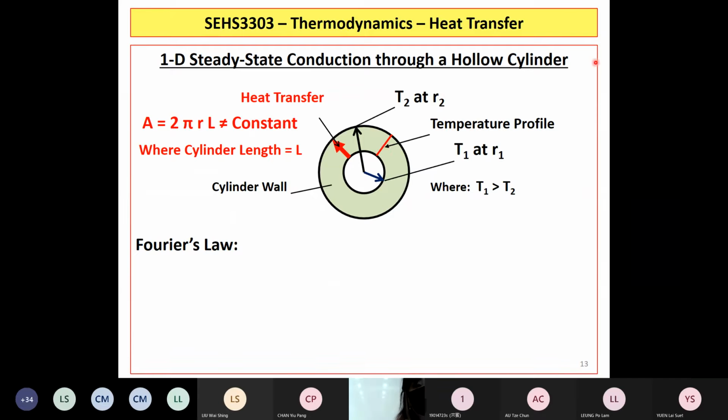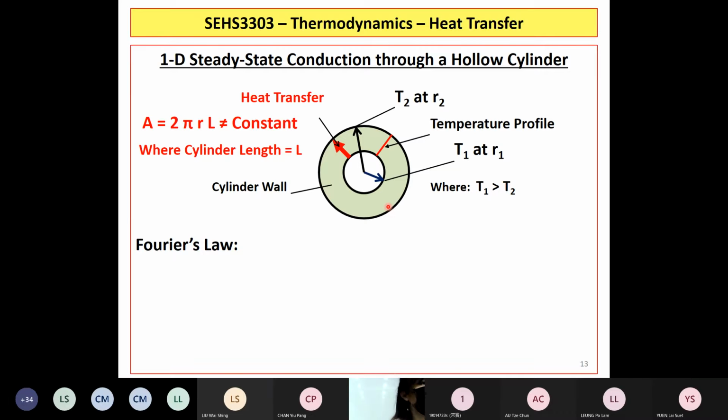If we have a hollow cylinder, maybe you can call it a circular pipe, what we have is an inner face of this pipe at a higher temperature, while its outer surface has a lower temperature.